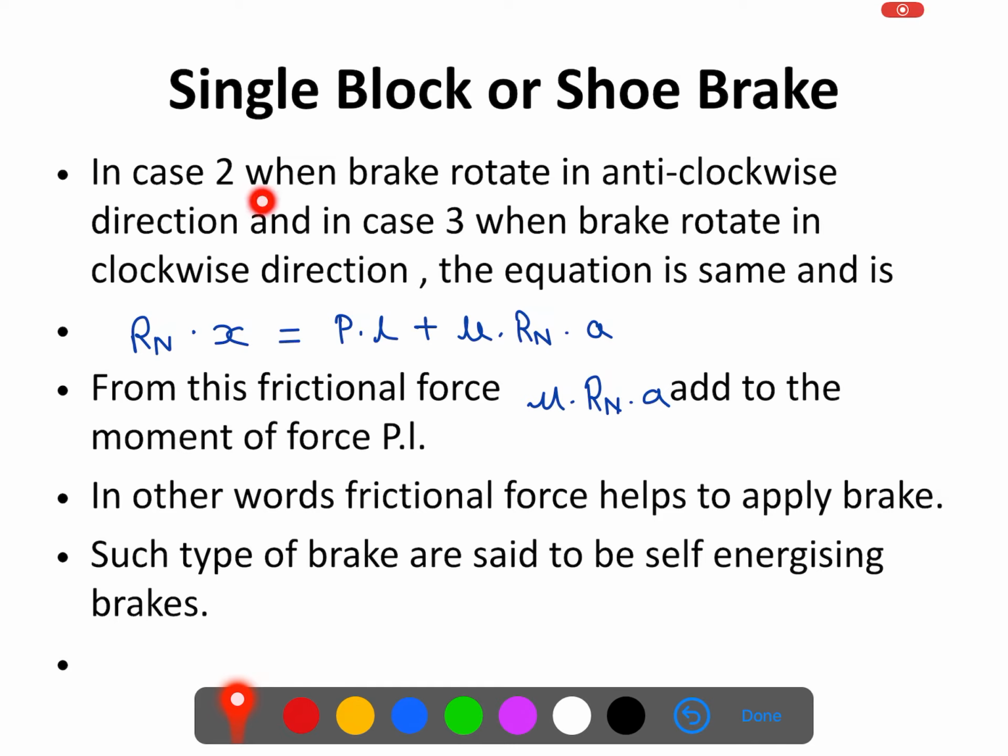In case number 2, when the brake rotates in the anti-clockwise direction, and in case number 3, when the brake rotates in the clockwise direction, the equation is the same: Rn multiplied by x is equal to PL plus mu into Rn into a.